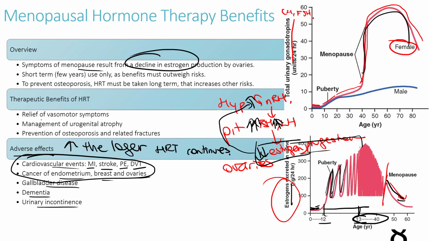So it's given to relieve vasomotor symptoms, which is a nice way of talking about hot flushes or hot flashes or night sweats. It's also given to manage urogenital atrophy and to prevent osteoporosis and the related pathological fractures. But if you take it for a long time, you do prevent osteoporosis, but it must be taken long term, and that increases other risks, as we said, that are cardiovascular and cancer related.